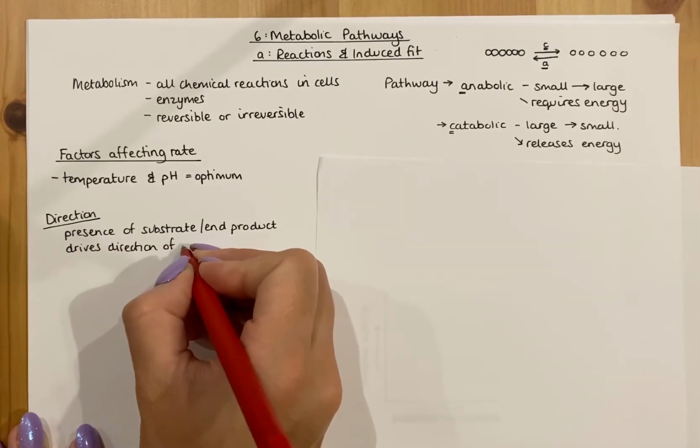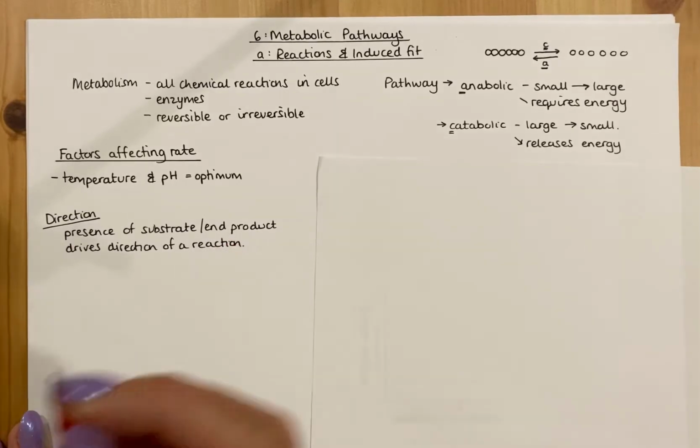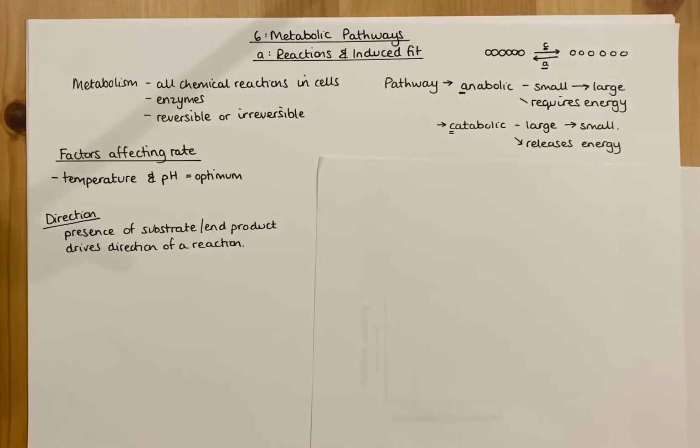Okay, so it drives the direction of a reaction. So depending on the concentrations of substrate or the concentrations of end product, that would push it in one way or the other.